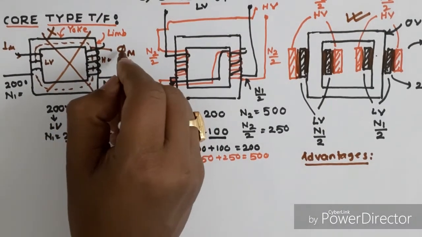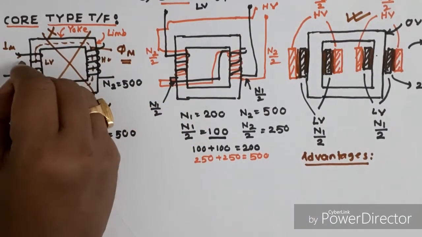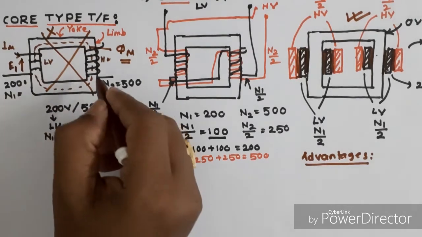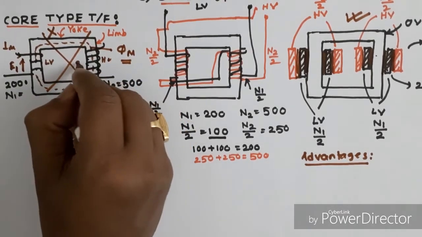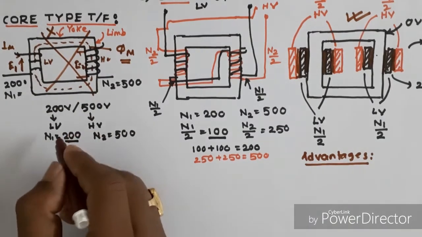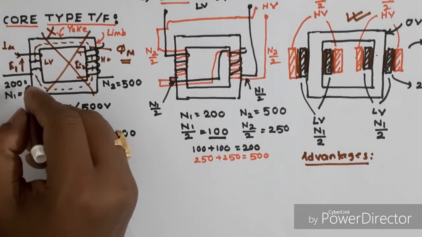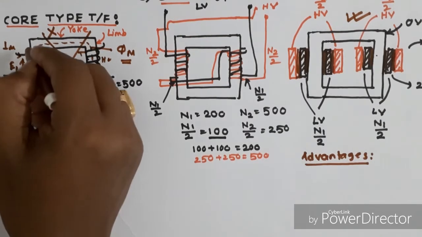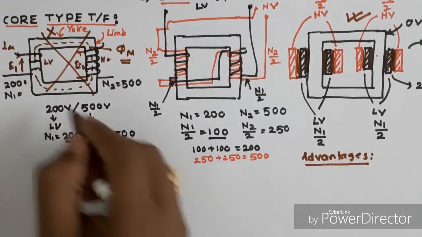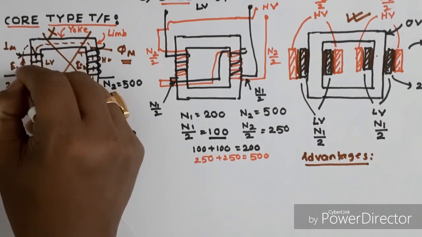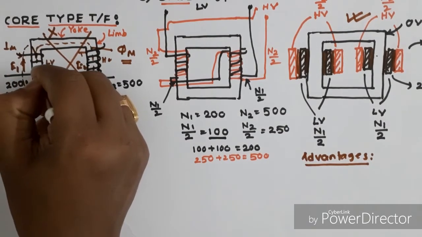This flux is responsible for the induced EMF E1 in the LV winding and E2 in the HV winding. Besides this, some amount of flux will be produced by the LV winding but goes through the air and returns back to the LV winding.